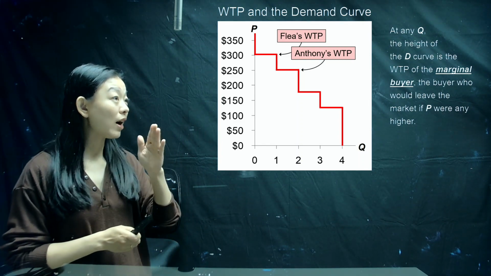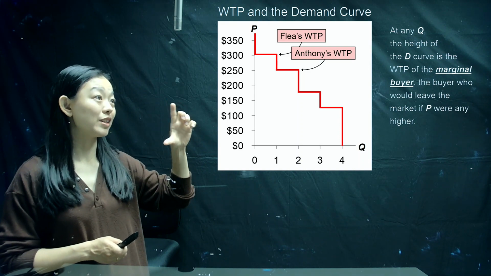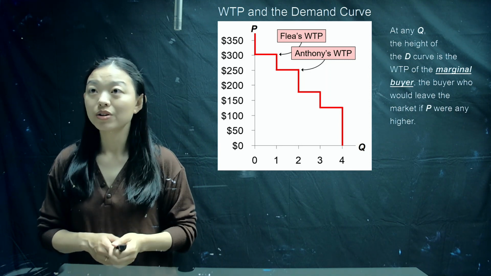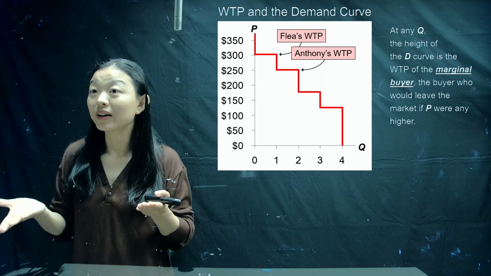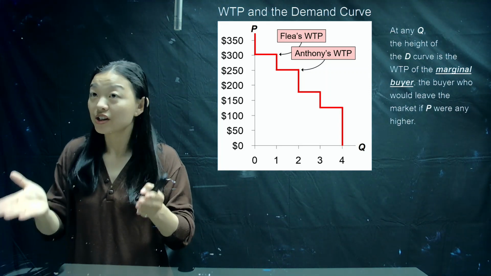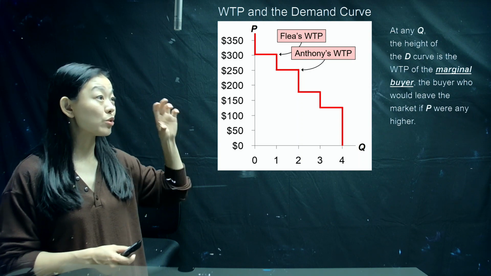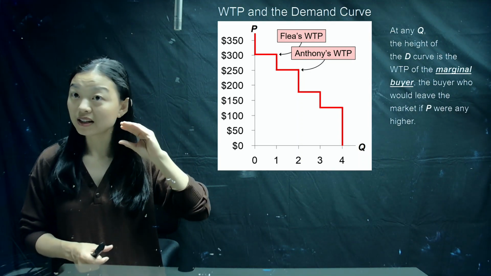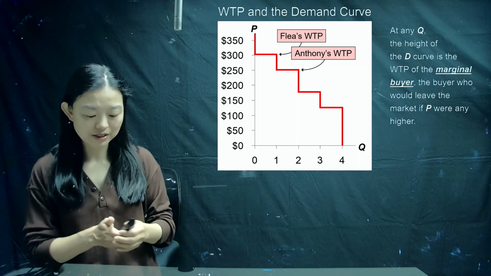And when quantity increased to 3 units, the height of the demand curve equals $175. So $175 is whose willingness to pay? Chad's, right? When quantity increases to 3 units, Chad is the marginal buyer because if the price changes a little bit higher, then Chad would leave the market, right?